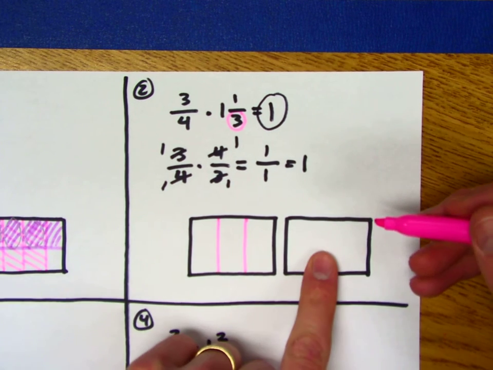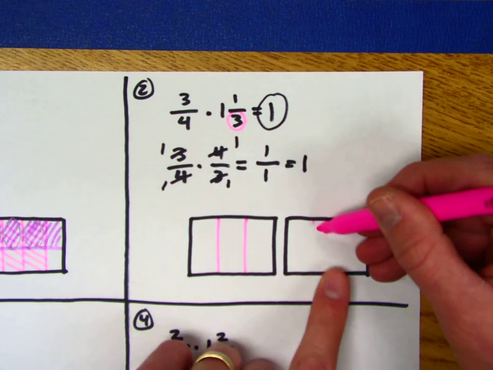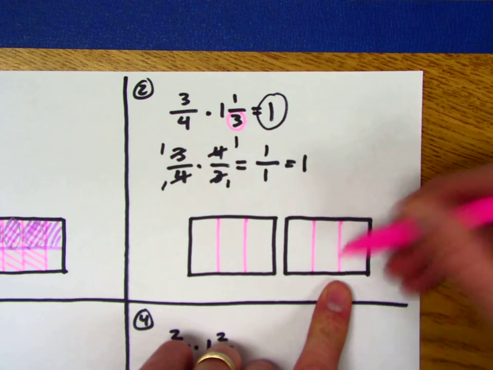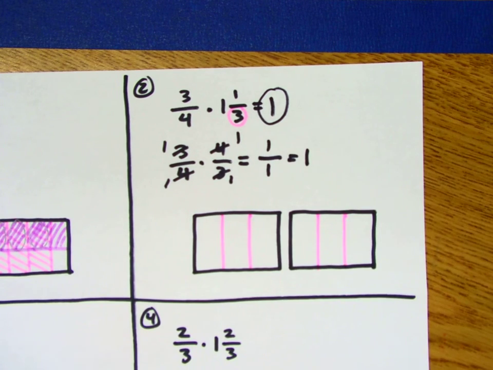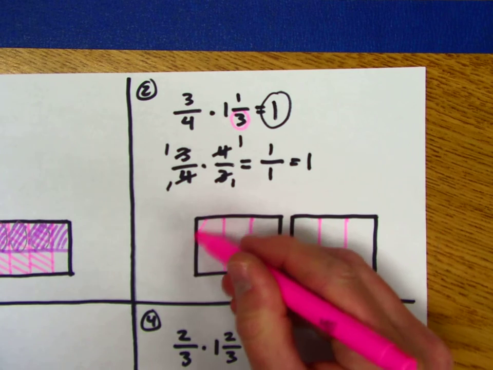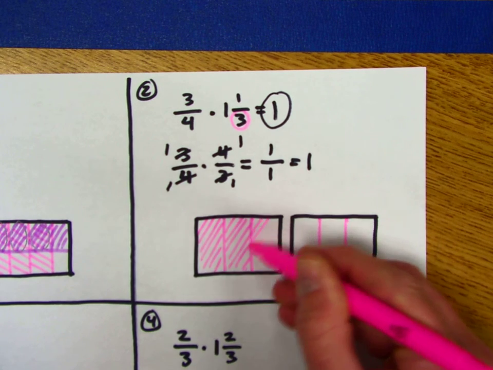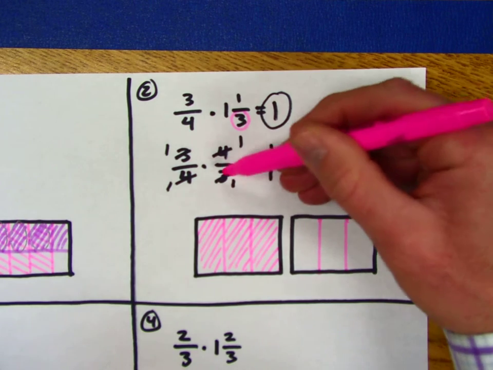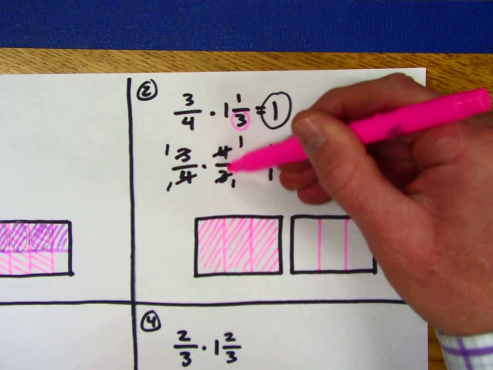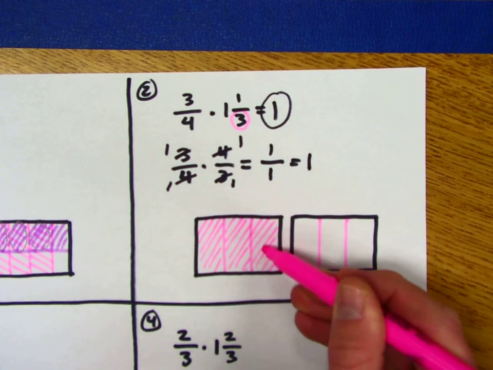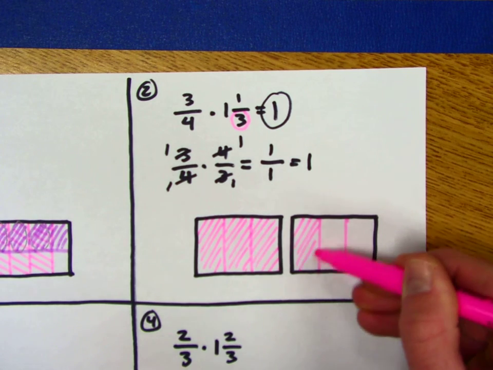And then I have to do it with the other one. It says that I have 1 1/3. So I'm going to shade the 1, which is really 3/3. We have 4/3 right here. So there's 1, 2, 3/3, and 4/3 is sitting right over here.